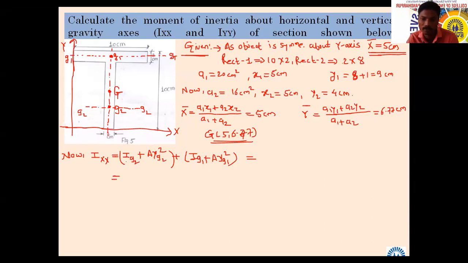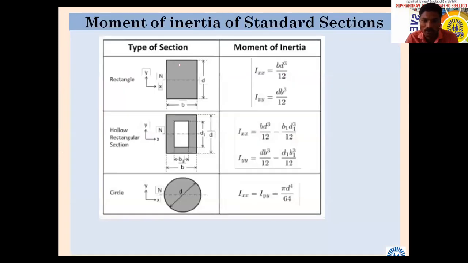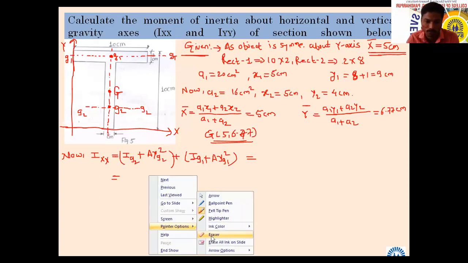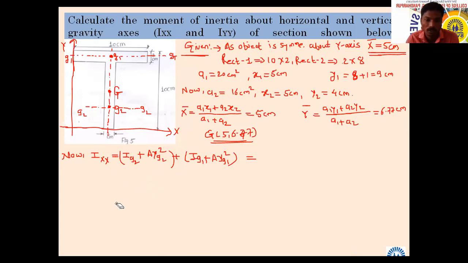Okay, I will calculate here. IG2. Now I want to find the moment of rectangle 2, or the centroidal moment about its centroidal axis. We have seen this formula just before, the centroidal axis Ixx. What does it say? bd cube upon 12. Now you tell me what will be the formula here. What will the formula be now? Whose cube will you take? Of 8.